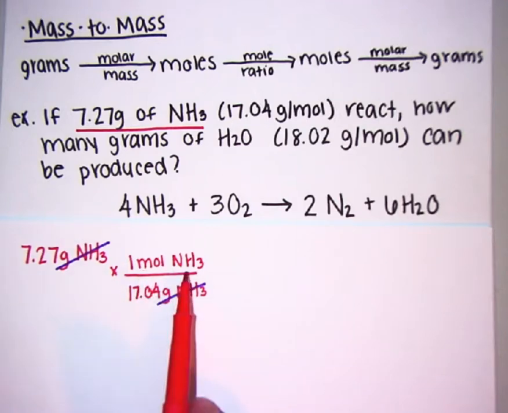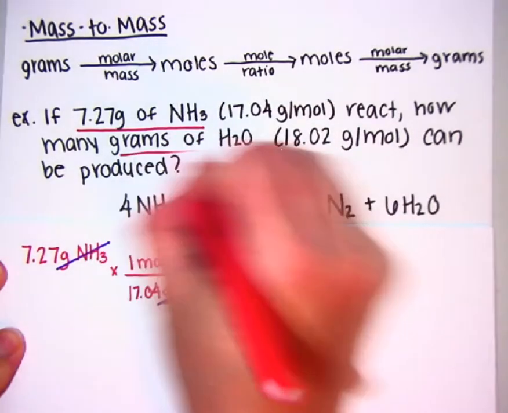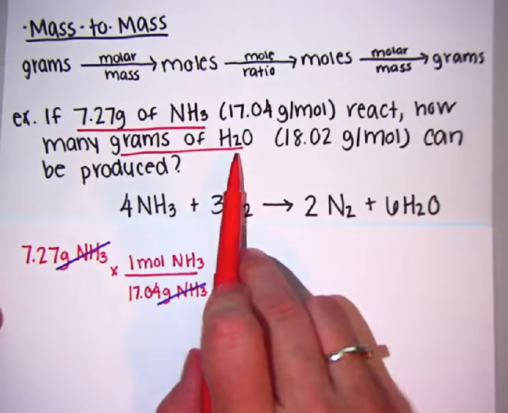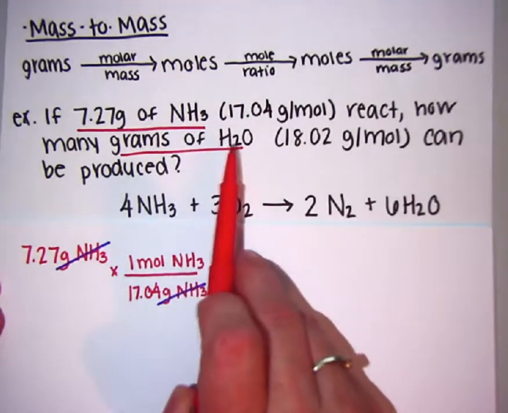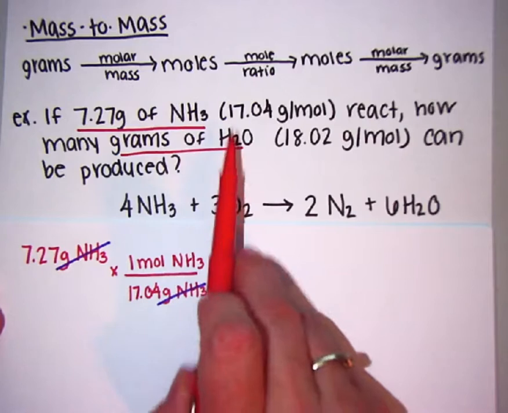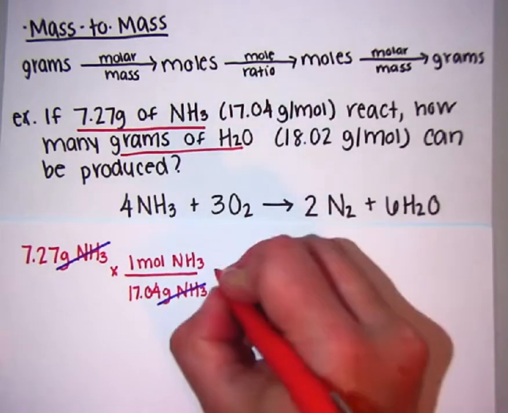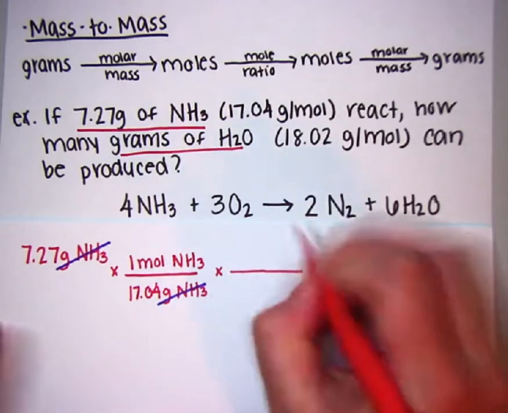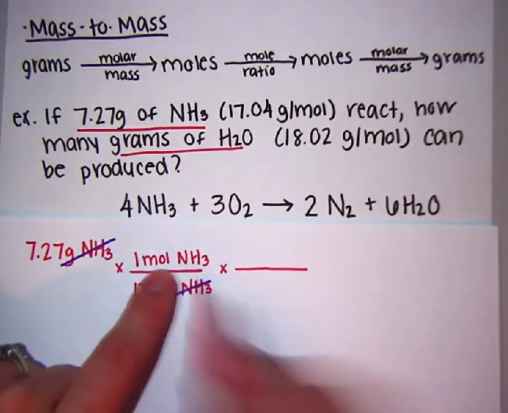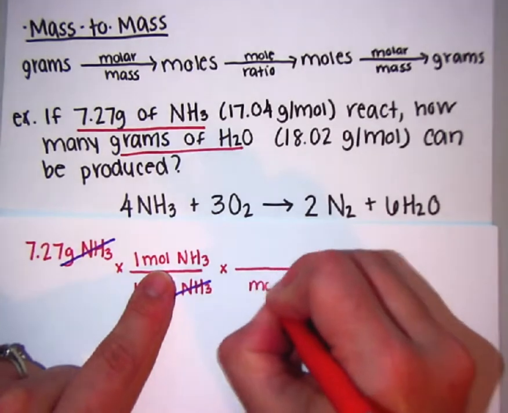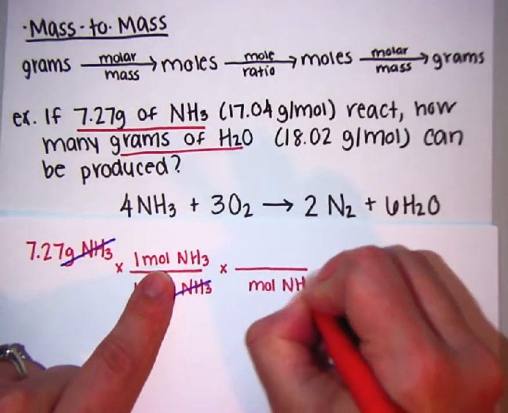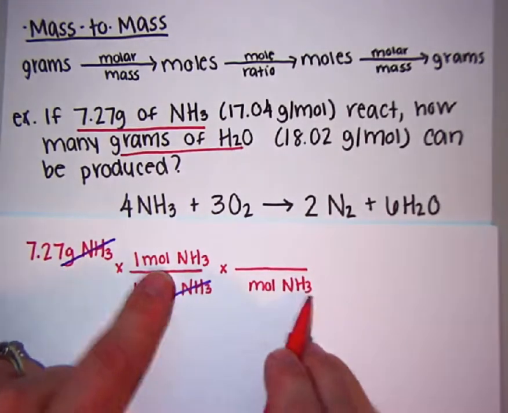I have moles of ammonia, but I'm solving for H2O. Anytime you are converting between 2 different substances, mole of one substance to mole of another, we need a mole ratio. Both the unit and the substance cancel. Always setting up the same unit on the diagonal.